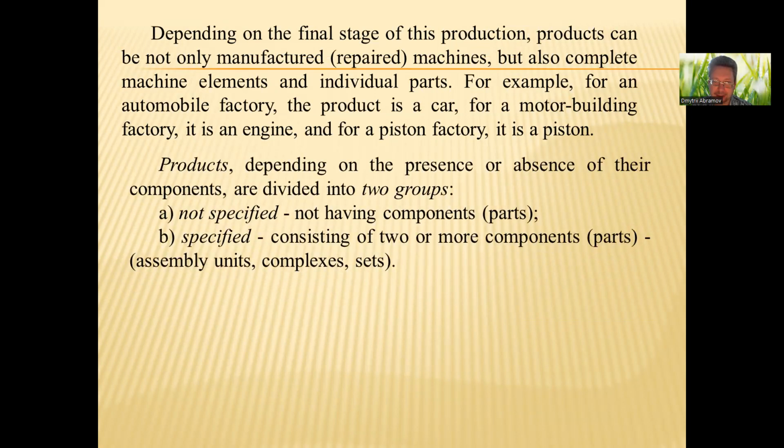Products, depending on the presence or absence of their components, are divided into two groups. First group, A: not specified, not having components or parts. And second group, B: specified, consisting of two or more components or parts.